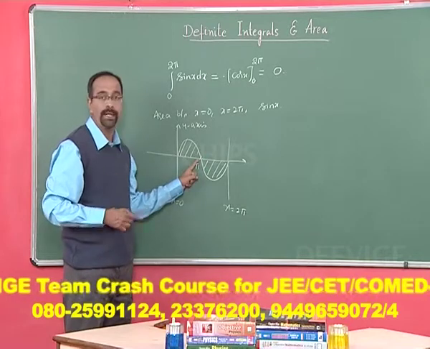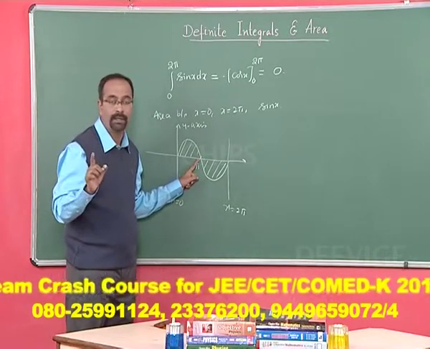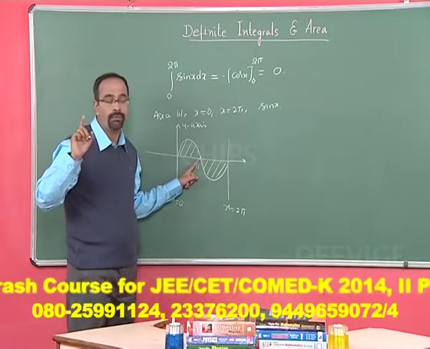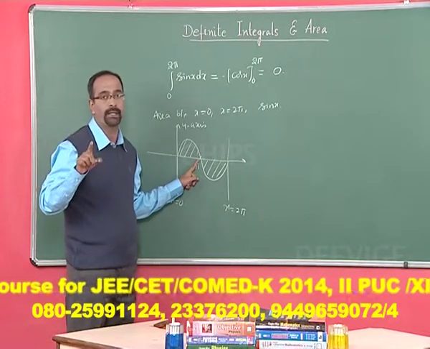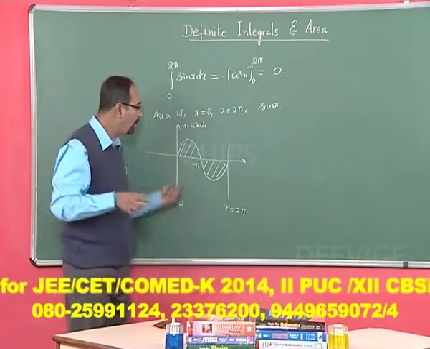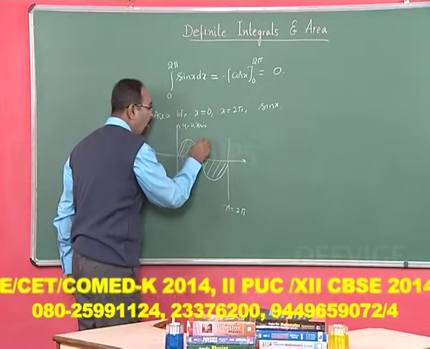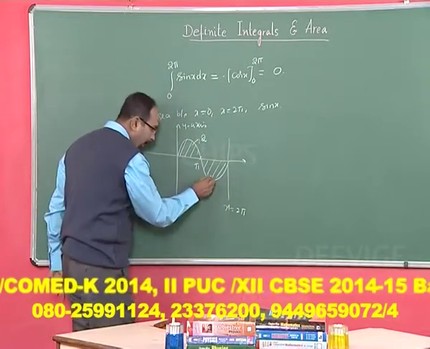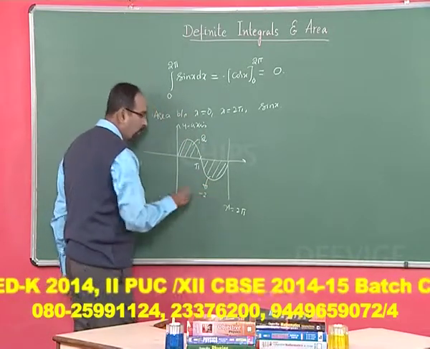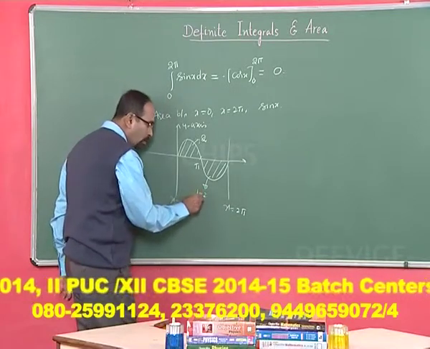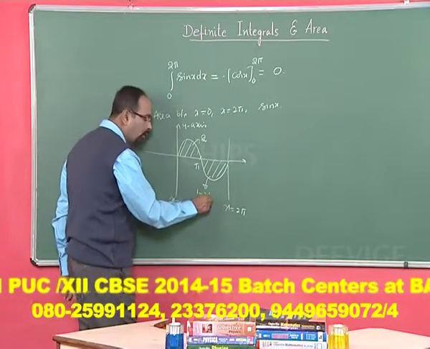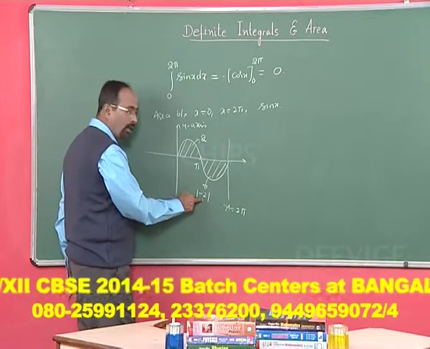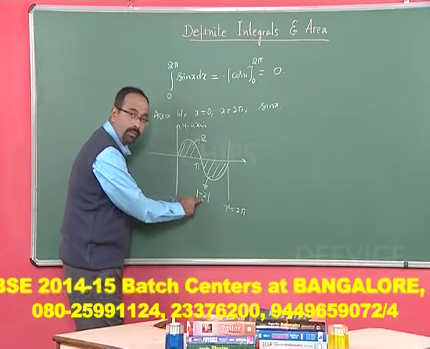Integral from 0 to pi of sin x dx plus the modulus of the integral from pi to 2 pi of sin x dx. The integral from 0 to pi of sin x dx will definitely give you 2, and the other numerically is minus 2, but when it comes to area you have to convert it into a positive absolute value. This becomes modulus of minus 2, that is plus 2.